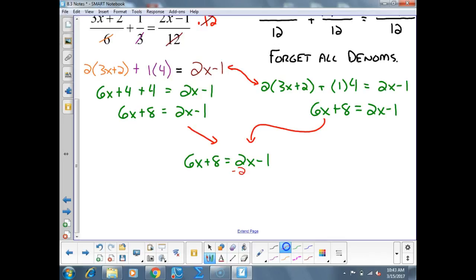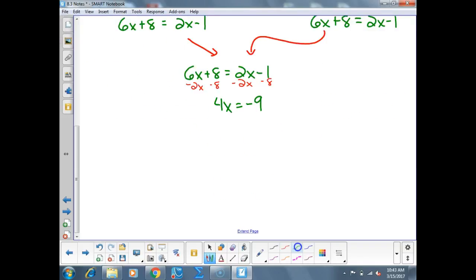If you're subtracting 2x, what else can you be doing? How about subtracting 8? Okay, so then that gives me 4x equals negative 9. So x here equals negative 9/4.